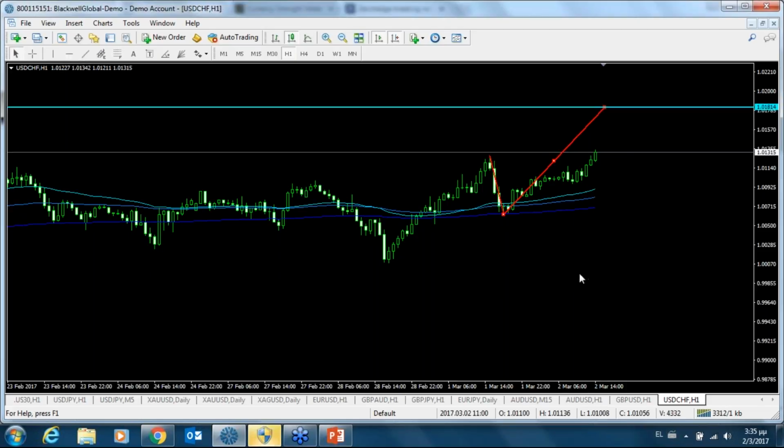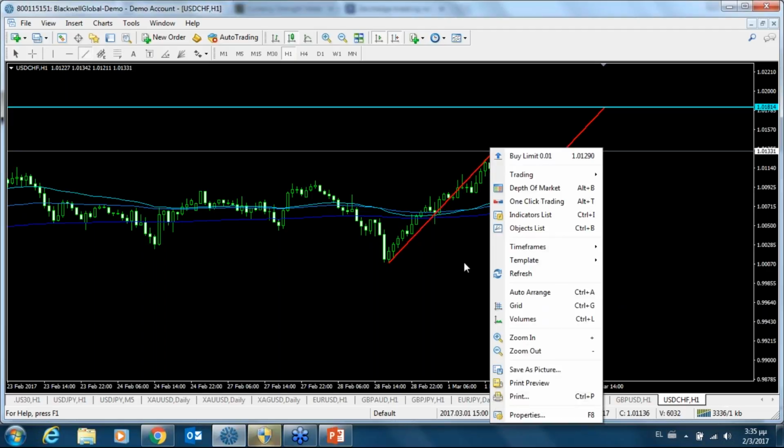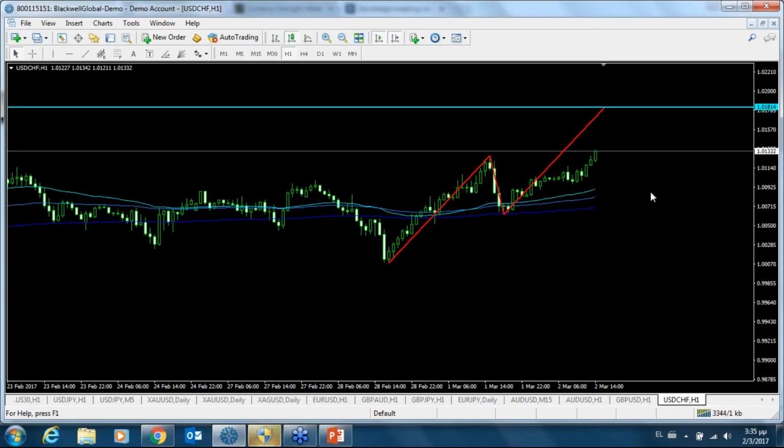Now that area on the 1 hour chart gives you the potential of price reaching the take profit area of 1.0180s. Okay, so here again we can get excited to know that we've got an opportunity, but do not get overly excited, because we need to measure your risk based on price action.